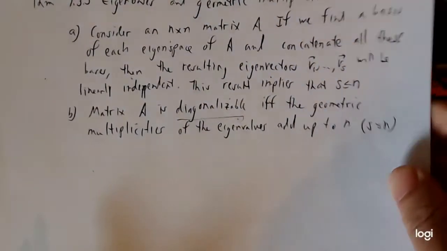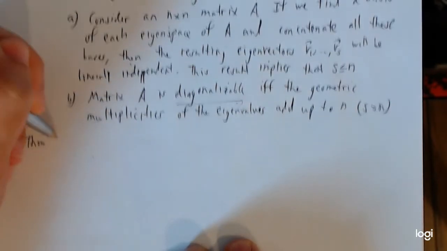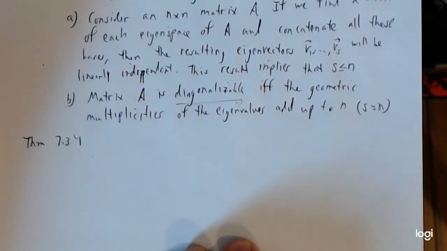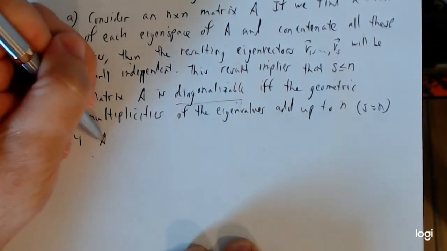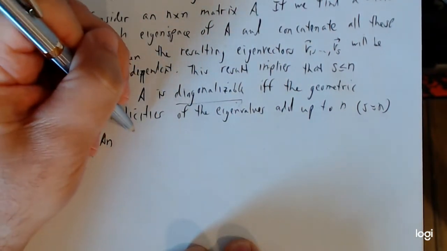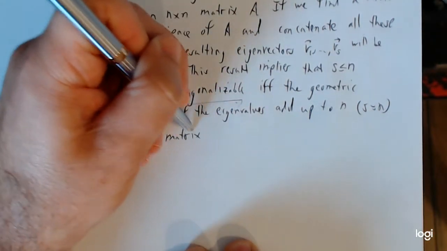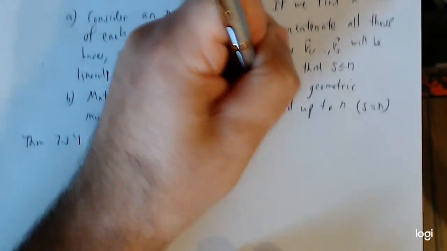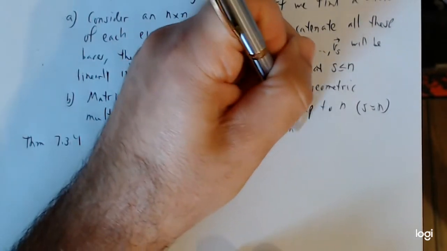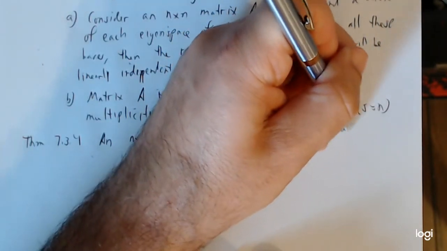So moving on to our next theorem, which has to do with n by n matrices. So an n by n matrix with n distinct eigenvalues.